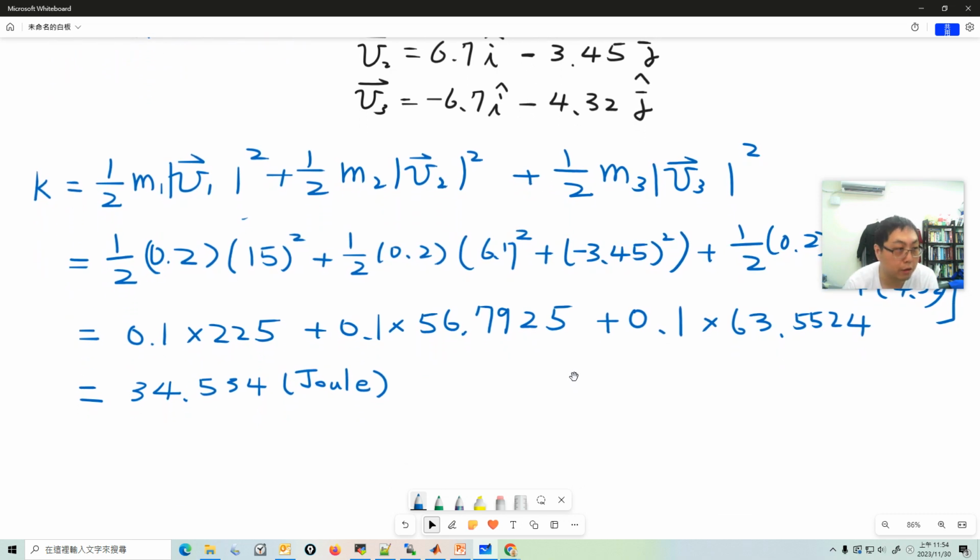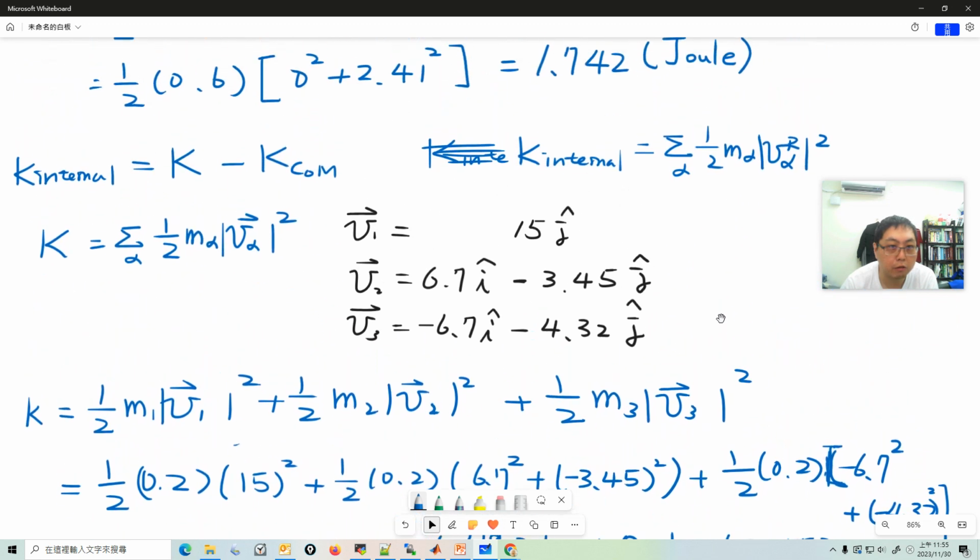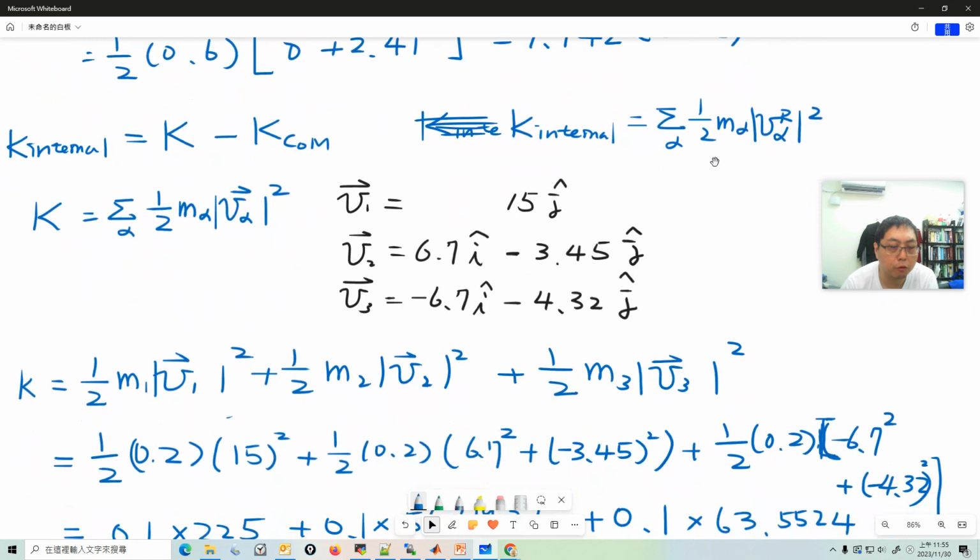So what's the internal kinetic energy? It's the total kinetic energy of the system minus the kinetic energy of center of mass. So it's 34.534 minus what we just calculated, 1.742.